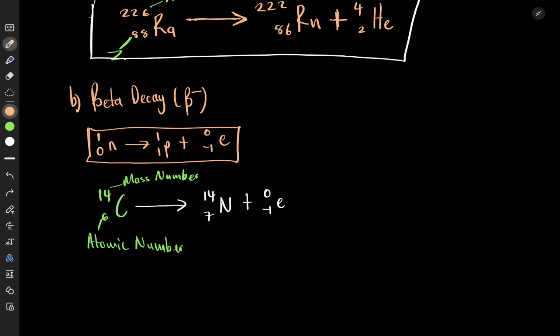So the top number, the sum of them both will still be the same. But what we know is the bottom number, we now have more protons. Then what's going to happen? We should shoot out this beta minus out here. We know that since this is now a nuclear particle, we say that this number is now charge. For these beta guys, it is charge. It is not atomic number anymore.